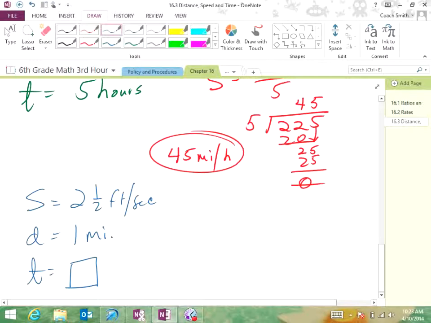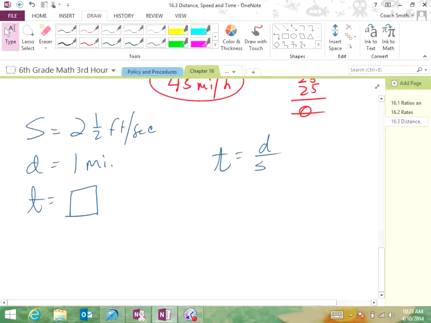All right. So time, once again, time is equal to distance over speed. Okay? We know that distance is what? 1 mile. So time is equal to 1 mile over 2.5 feet per second. Okay?